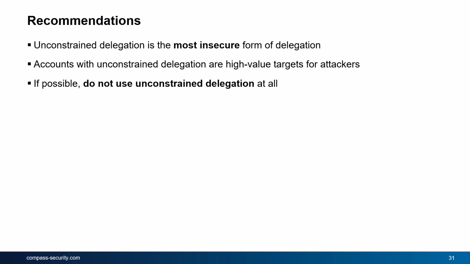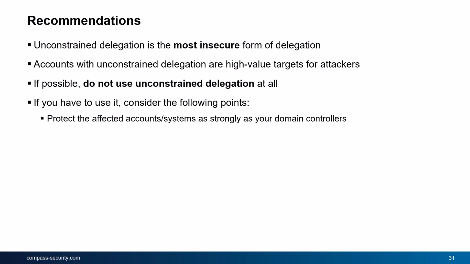The best recommendation in this case is essentially to not use unconstrained delegation and replace it by one of the other delegation mechanisms that we are going to talk about in the upcoming parts of the video series. However, if you have to use it for some reason, you should consider the following points.